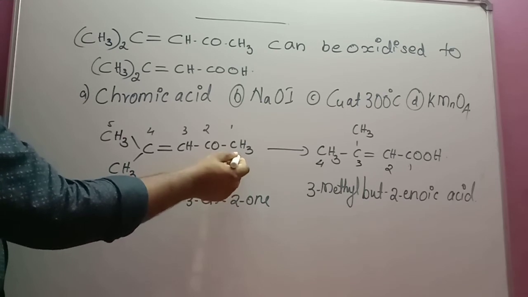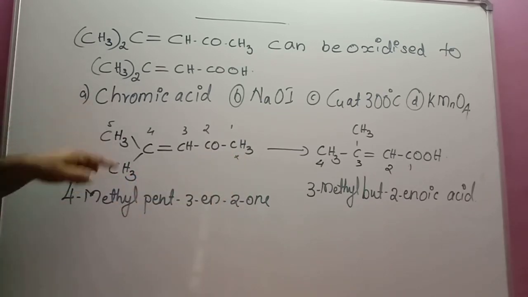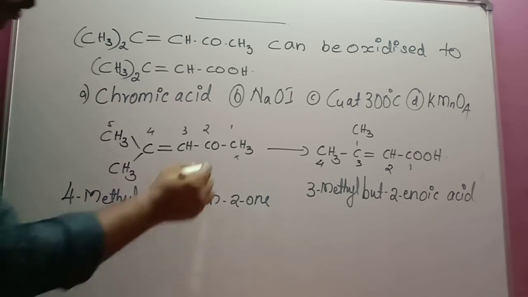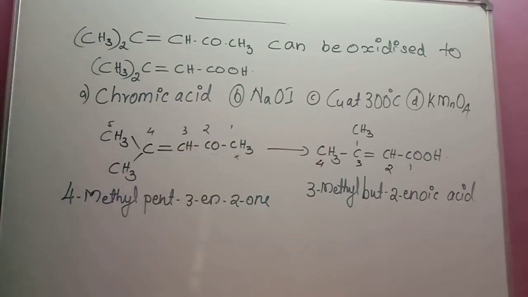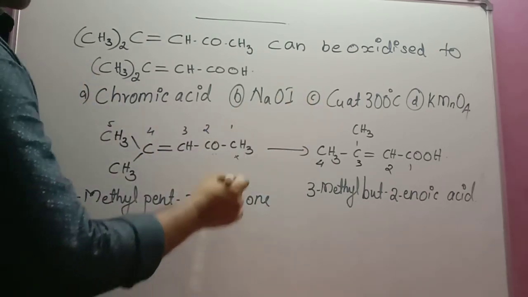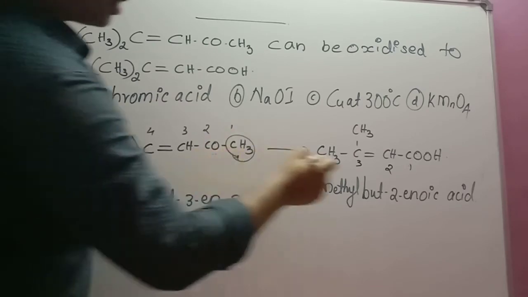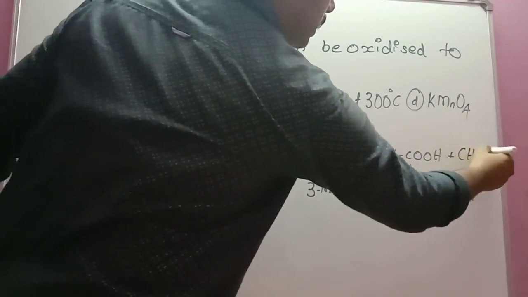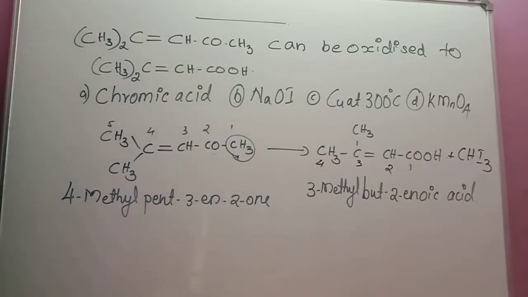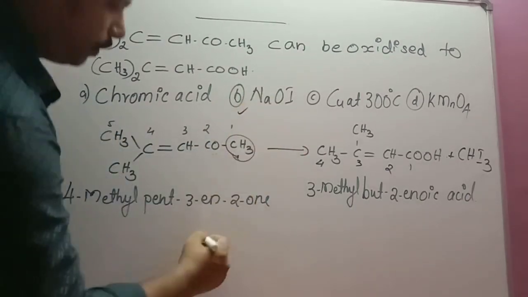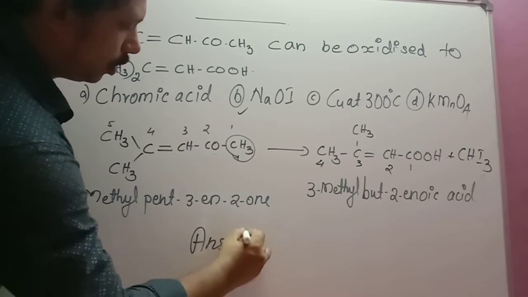This CH3 might be lost here because the CH3 twice is in the product molecule also. And this CO has become the COOH. And now we understand that the NaOH, sodium hypoiodate or iodoform test is done in order to convert this CH3 to CHI3, and the CO has become COOH. So the answer is option B. You can write the answer as option B.